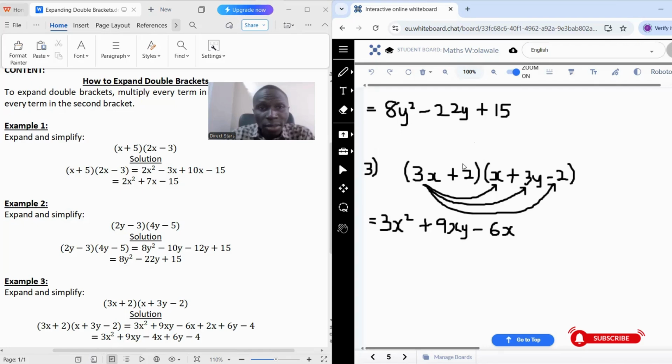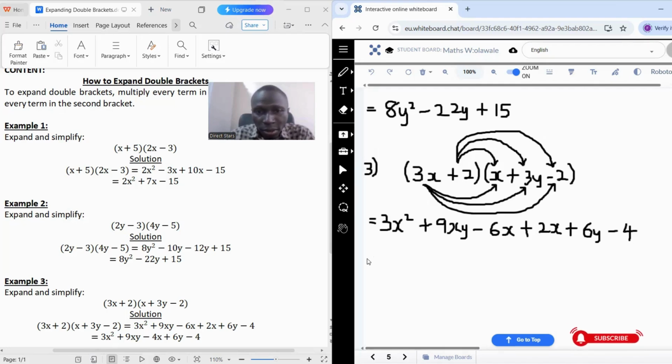Then we'll move to the second term in the first bracket. We want to use it to multiply all the terms in the second bracket. So here we are going to have plus 2 multiplied by x, which is plus 2x. Also plus 2 multiplied by plus 3y, which is plus 6y. And lastly, plus 2 multiplied by minus 2, which is minus 4.